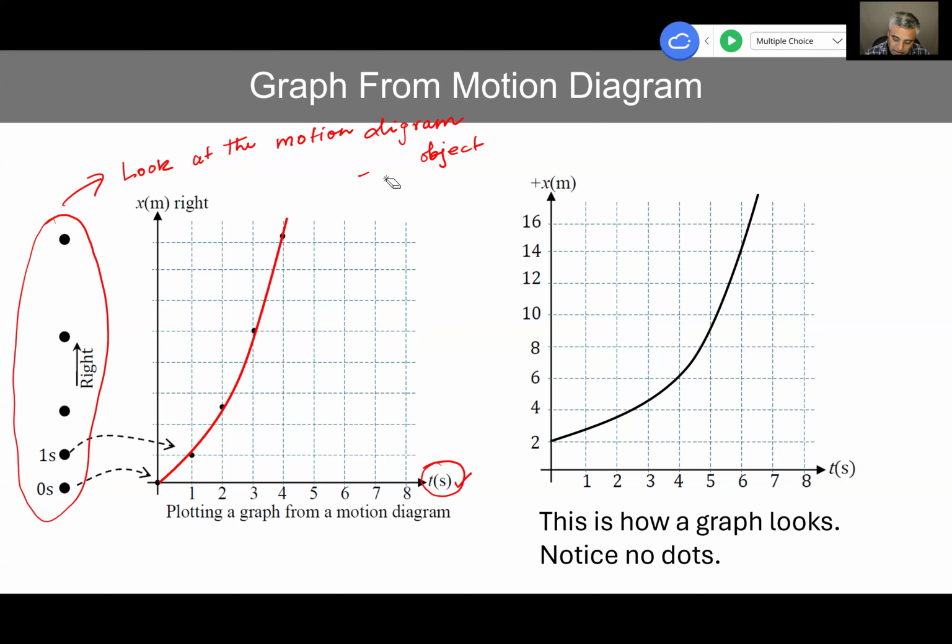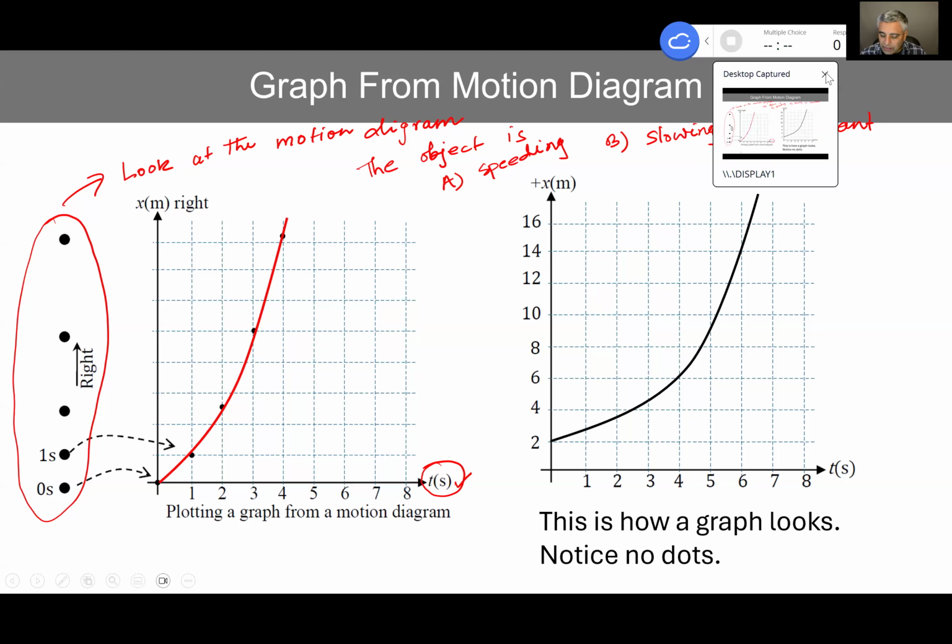Choice A, speeding. B, slowing. C, constant velocity, means neither speeding nor slowing down, okay? So three choices. You have 30 seconds. I'm going to be opening the clicker for a brief moment. Go ahead and poll on this.